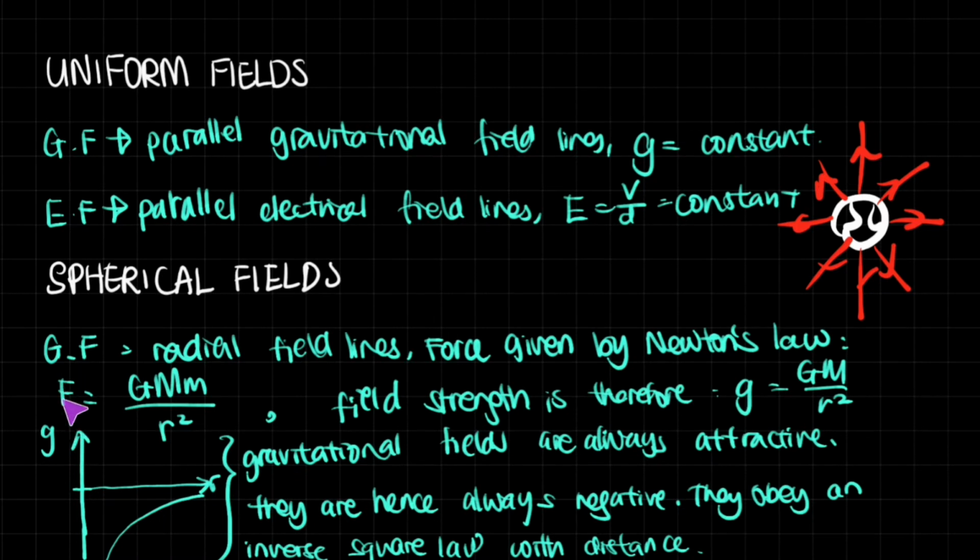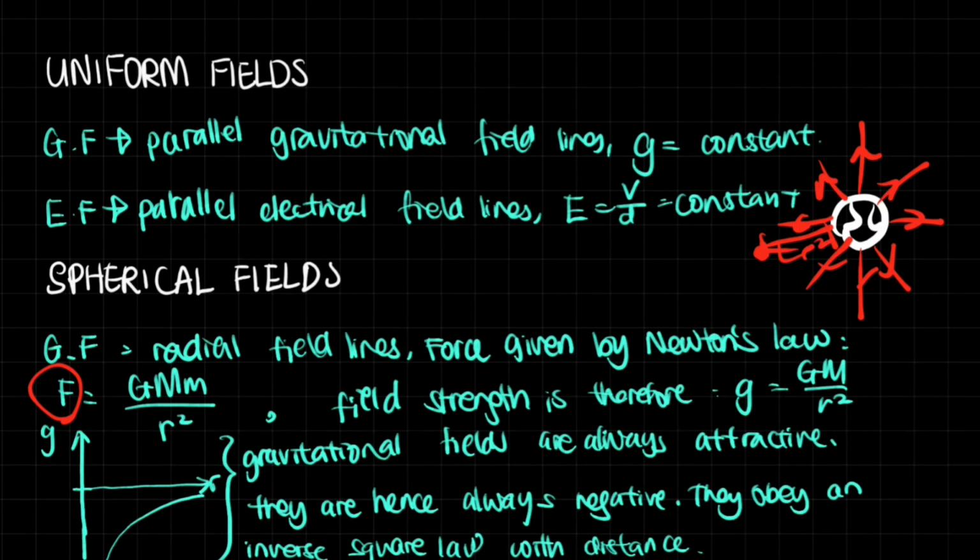The equation for gravity is force is G, which is a constant, times capital M, the body that is producing the force, times small m, the little body that the force is acting on, divided by r squared, where r is the distance between the two.